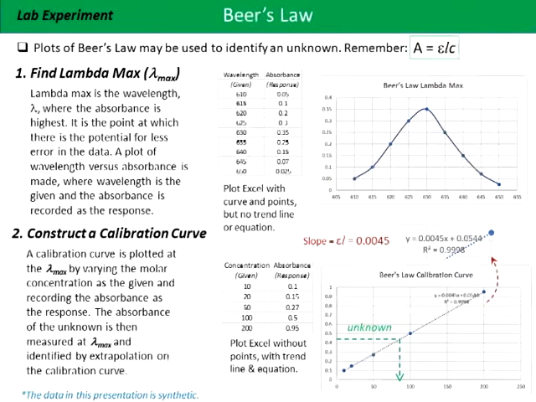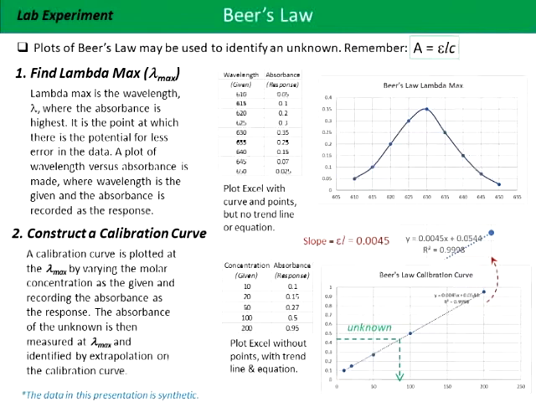construct the calibration curve. A calibration curve is a plot at the Lambda Max by varying the molar concentrations, which we consider to be the given, and recording the absorbance as the response. The absorbance of the unknown is then measured at lambda max and identified by extrapolating on the calibration curve.